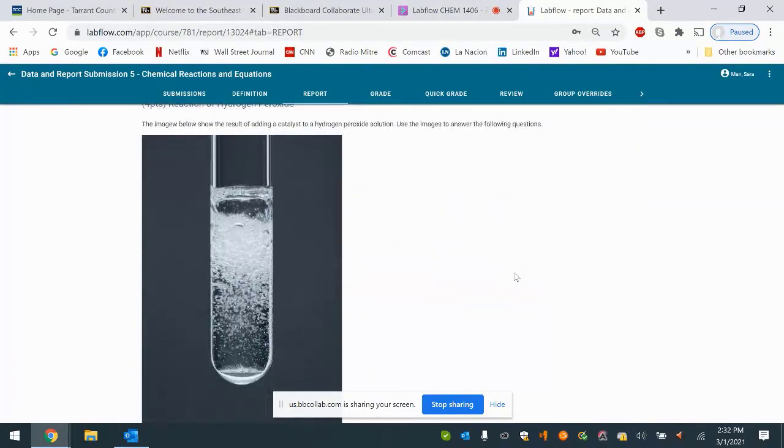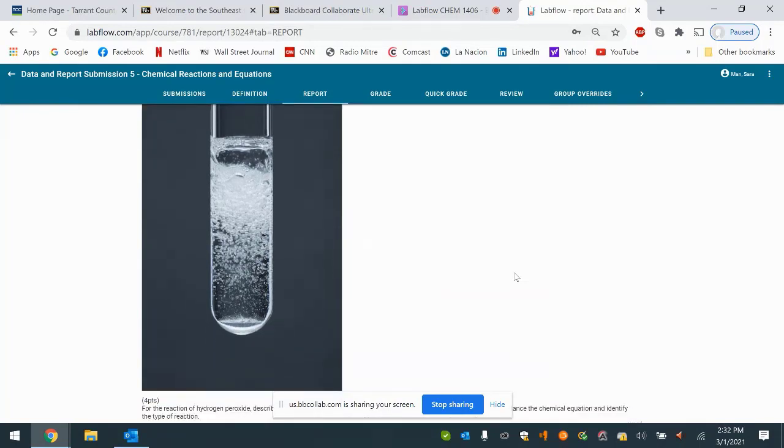And the last one is hydrogen peroxide. Basically, they are showing you what happens when they add a catalyst to hydrogen peroxide. What do you see there? Can somebody tell me, what do you see in that picture?